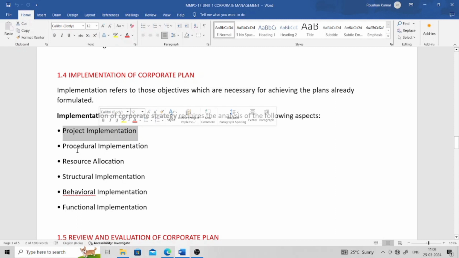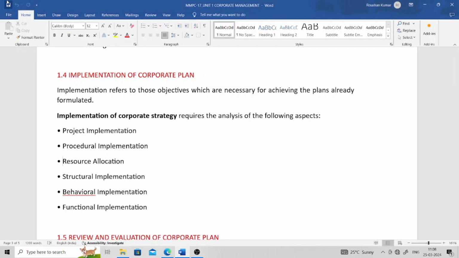Then the procedural implementation. Procedural implementation means what different procedures should be used in the implementation process, and that should be discussed here.